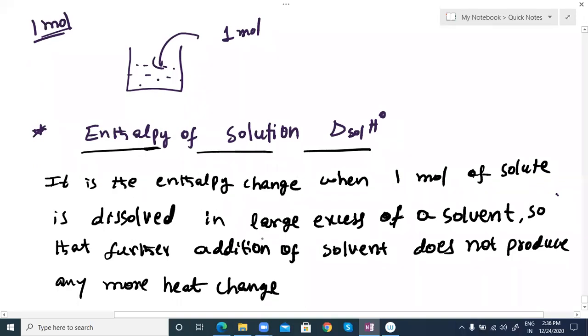But the condition is 1 mole. Please underline that: always 1 mole is our reference.